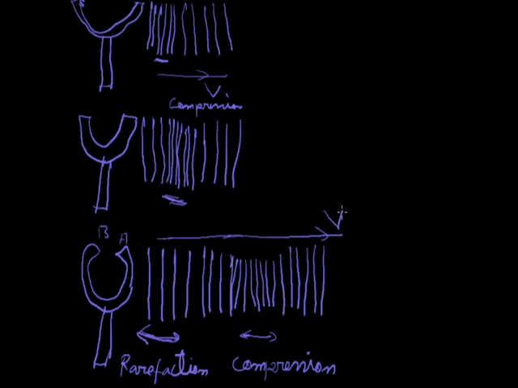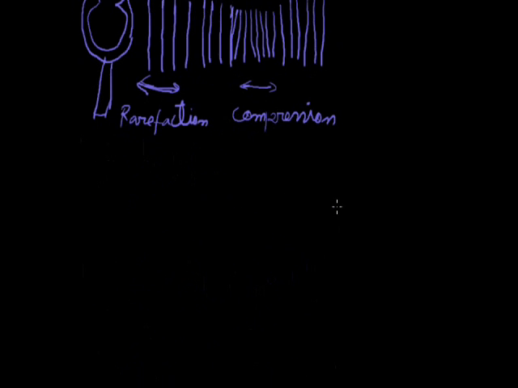Now one more thing is necessary for sound generation. Sound waves need a material medium. Without a material it cannot propagate. It means in the absence of a medium, like air around the source, sound is not propagated.